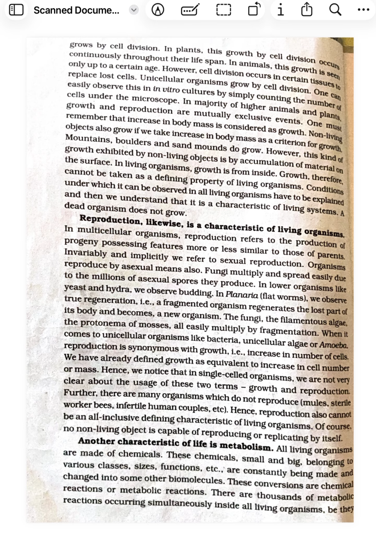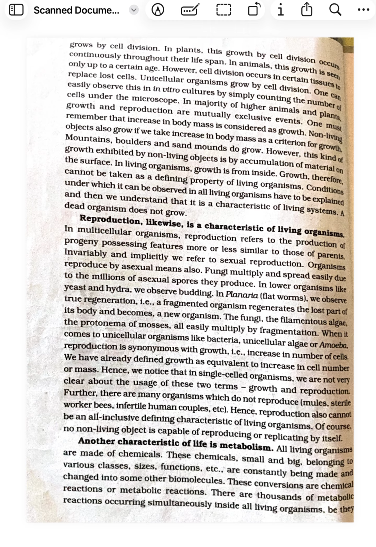But what we are going to understand is the differences between living and non-living. Once we have studied all the different characters associated with different types of living organisms, we are going to compare it with non-living objects. Do we see any growth in non-living objects?